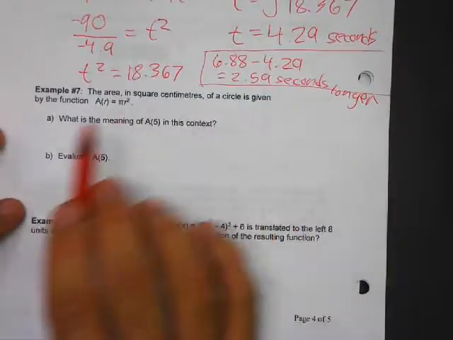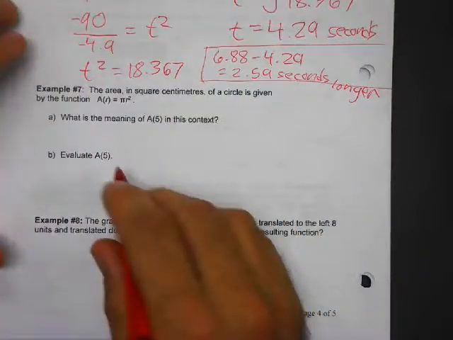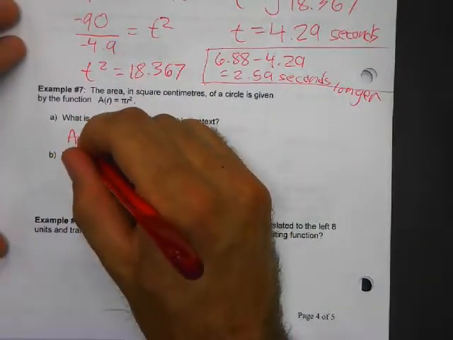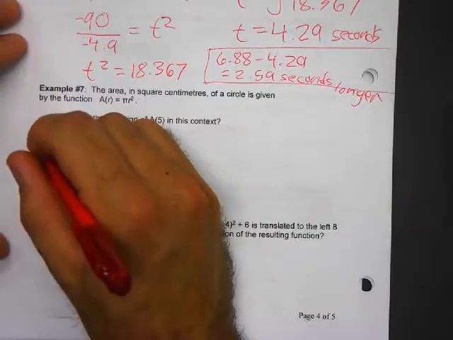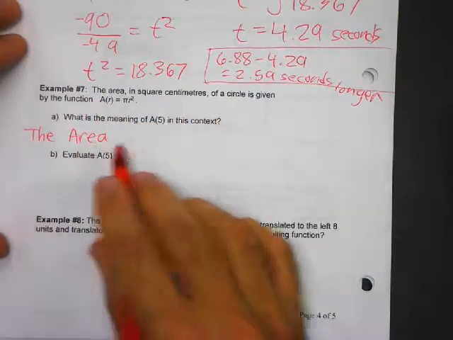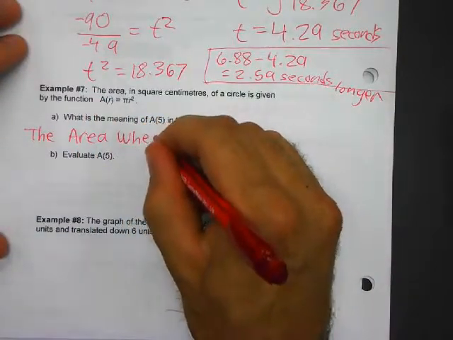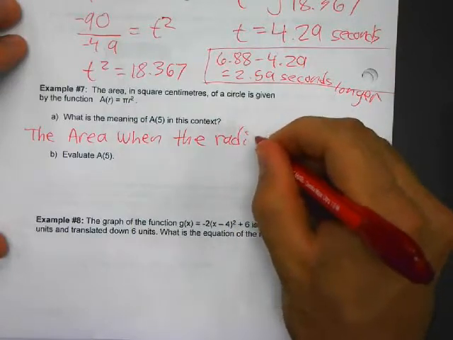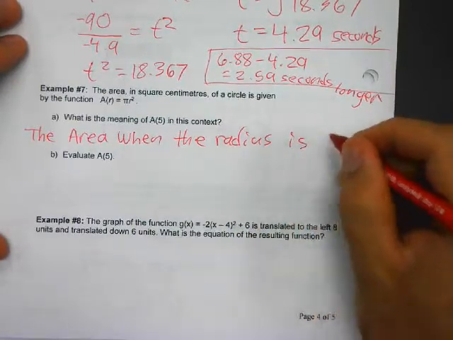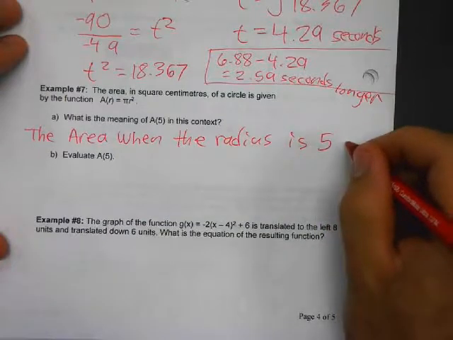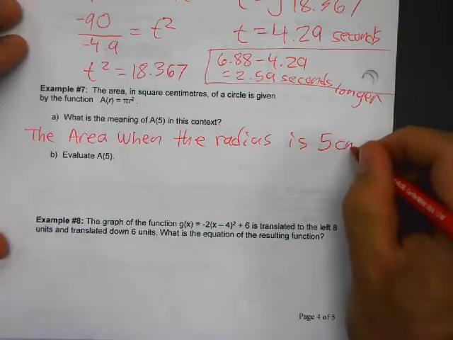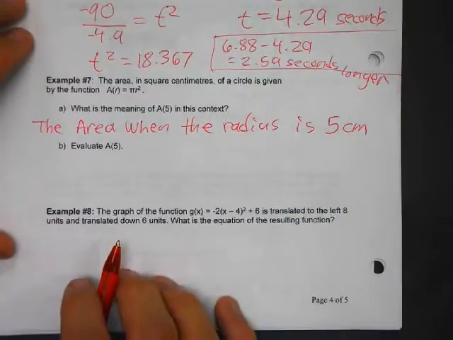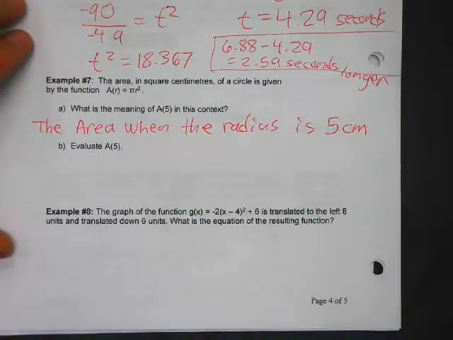We're going to assume centimeters. So we'll say the area when the radius is 5. We'll put centimeters, even though it doesn't actually say, unless you read that.